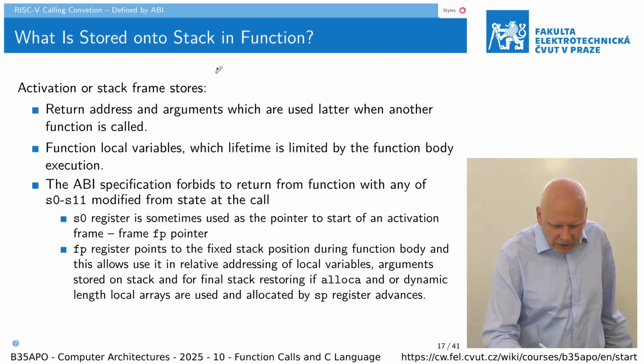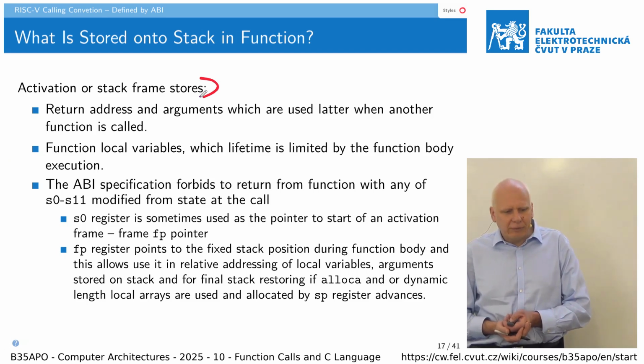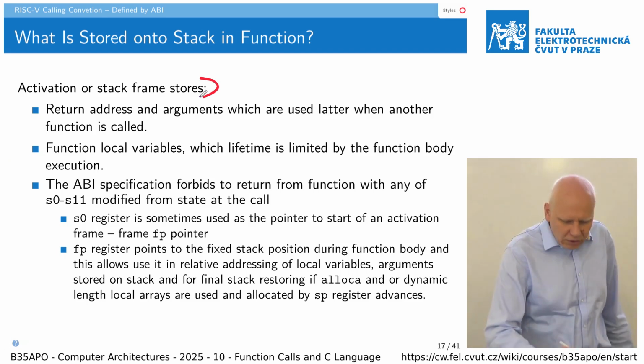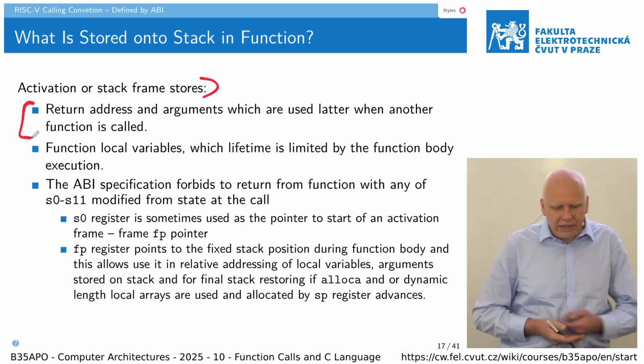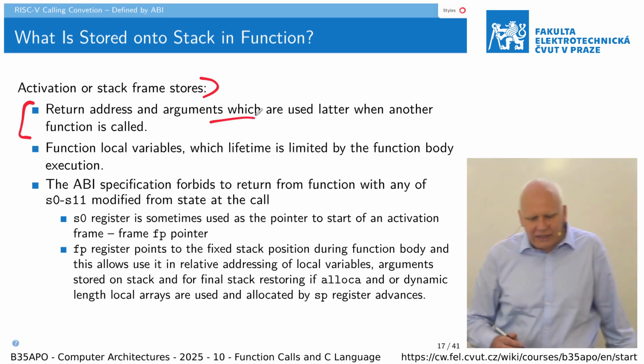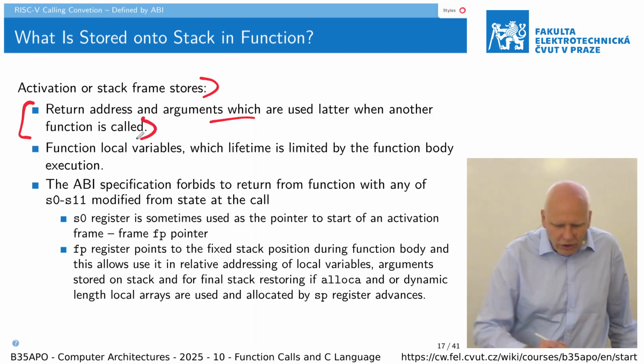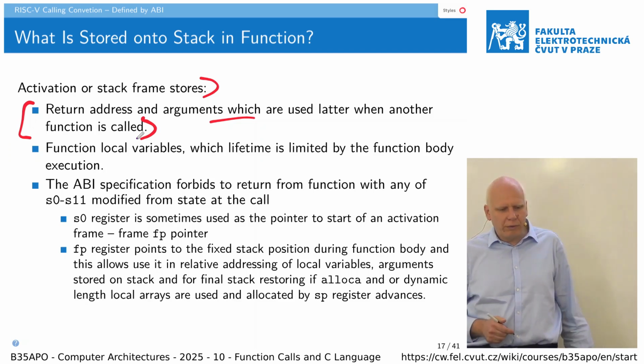Okay, so what can be stored in those stack frames? There can be stored, for example, a return address and arguments which would later be overridden, clobbered, by calling some function in the body of our function.